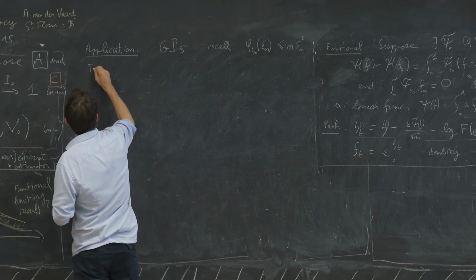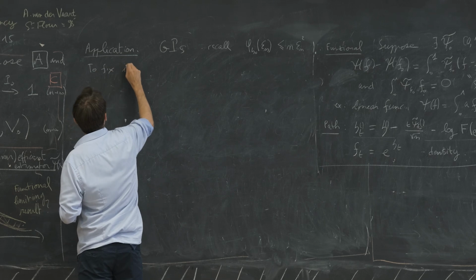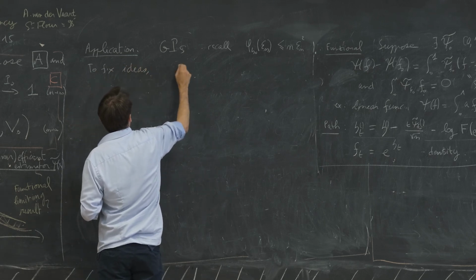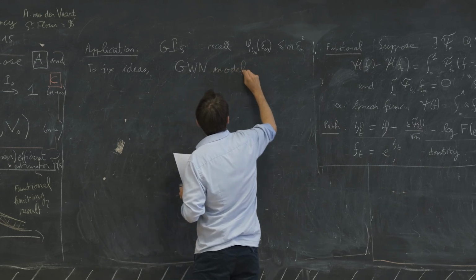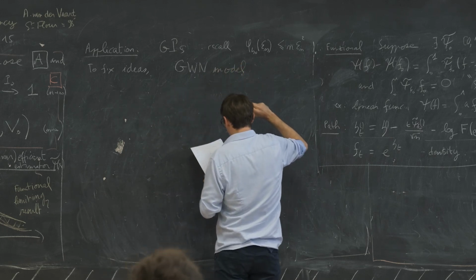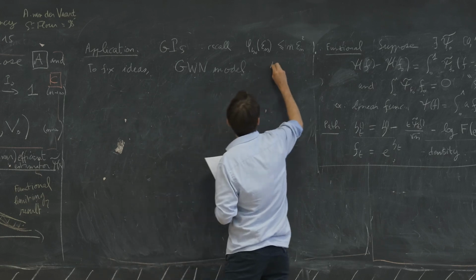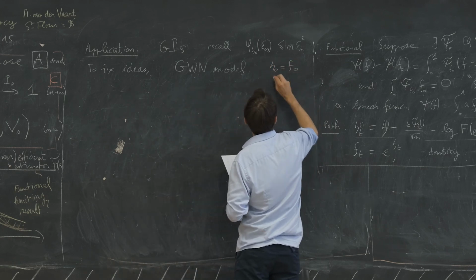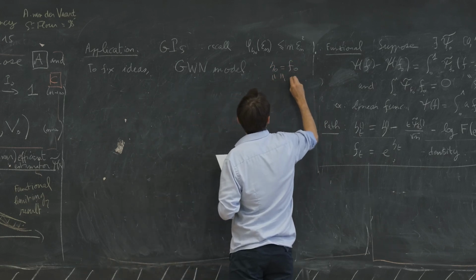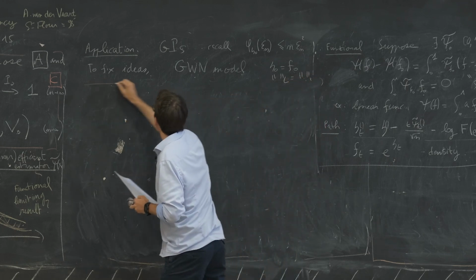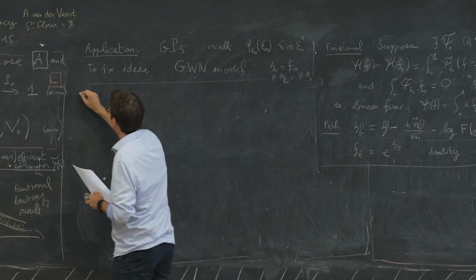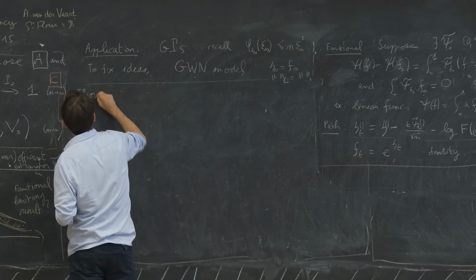And so to fix ideas, consider the Gaussian white noise model with a Gaussian process prior, so here again, just simple, and it's just L2, and we have the following theorem.